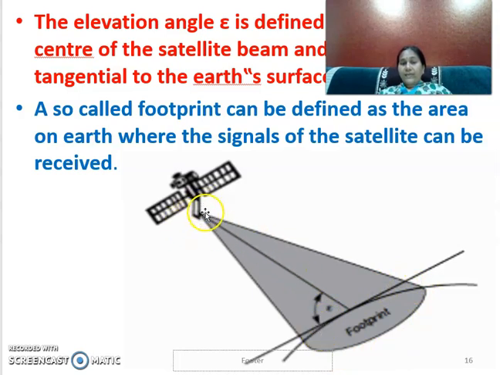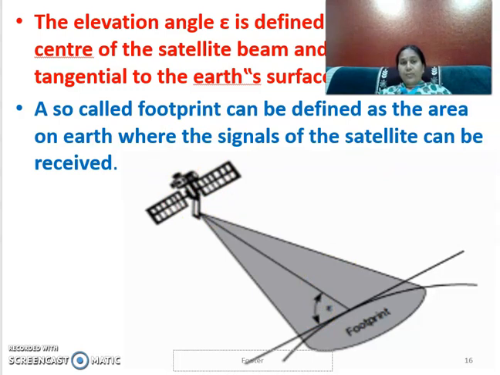When you take the center beam, the center line which passes and is applied onto the earth, with respect to that line you draw a tangent towards the earth. This is your tangential line touching that point. This angle is called the angle of elevation, which is represented by epsilon.